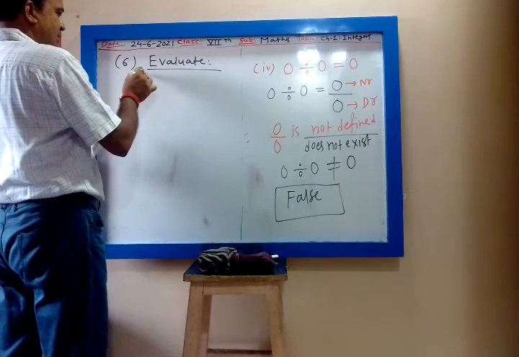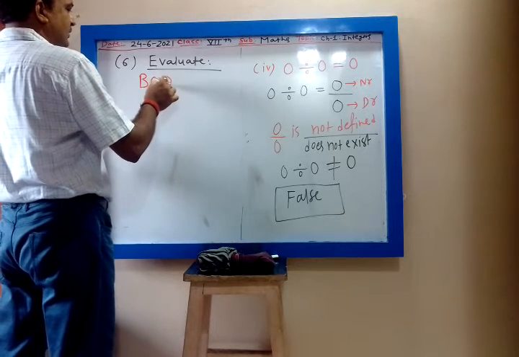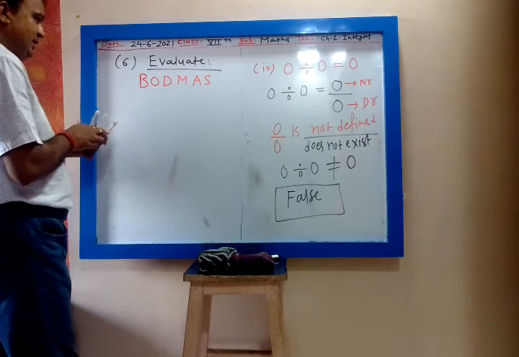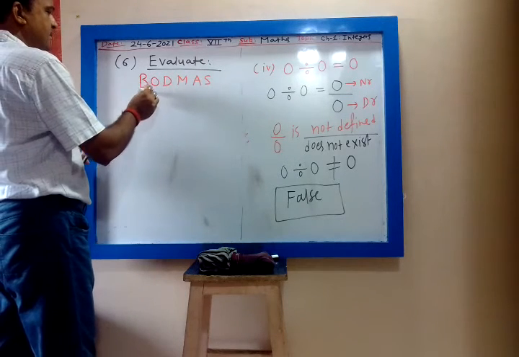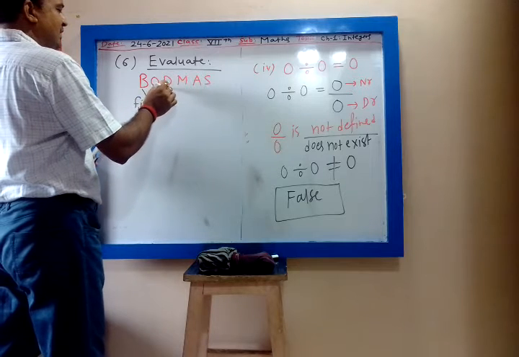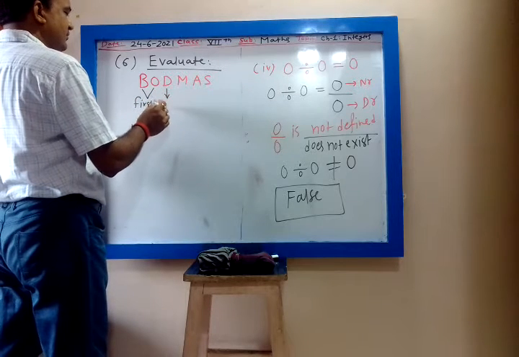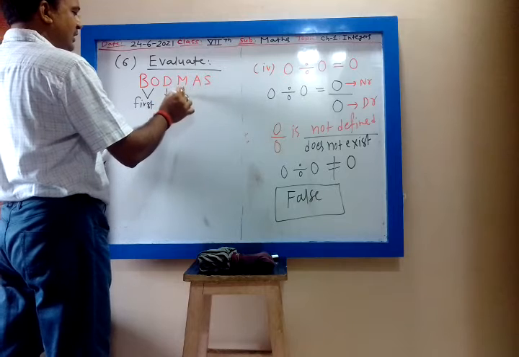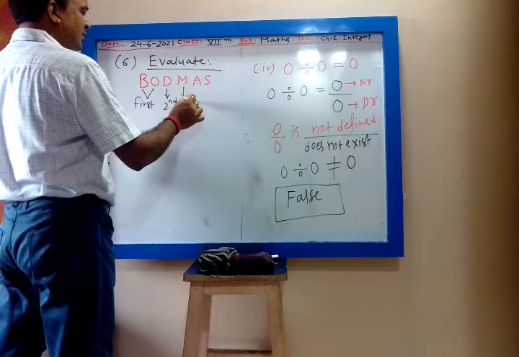In this, you have to use BODMAS. First bracket opening. Then second is division. Third is multiplication.